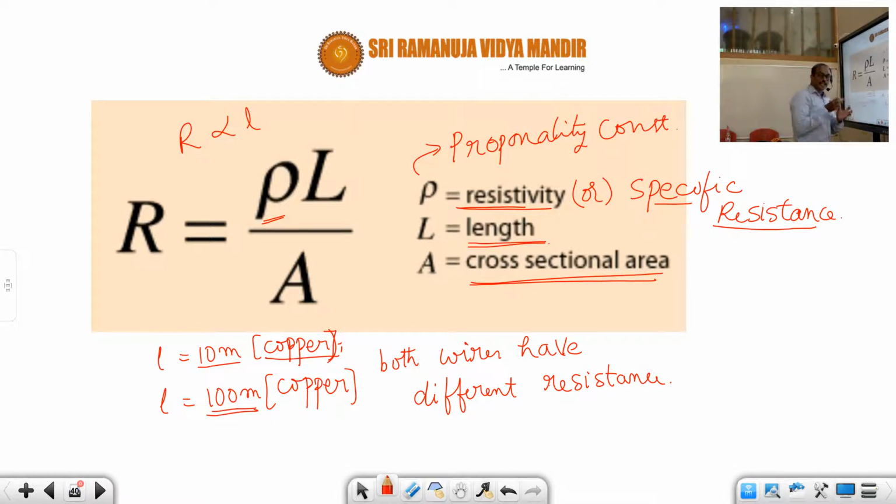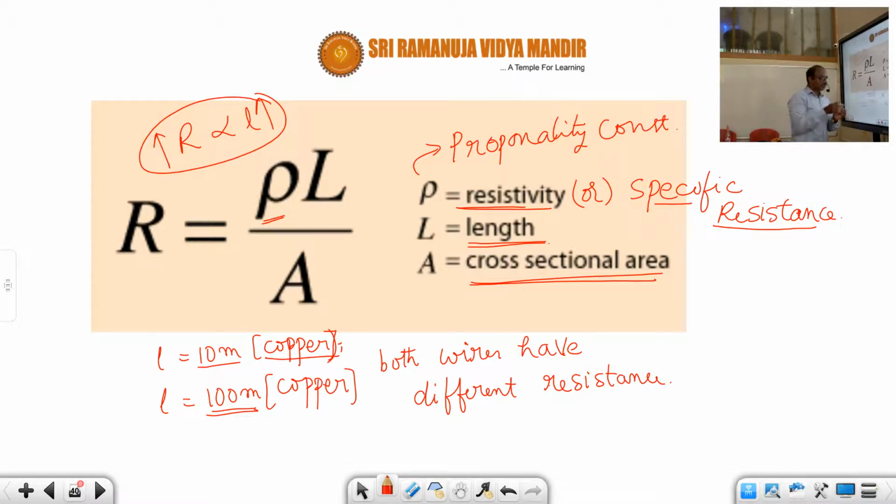They arranged an ammeter in the circuit and identified the amount of current flowing in the wire. Then they made a relation: if the length of the wire is large, the resistance is also large. If the L value increases, the resistance increases, and the electric current in that wire decreases.